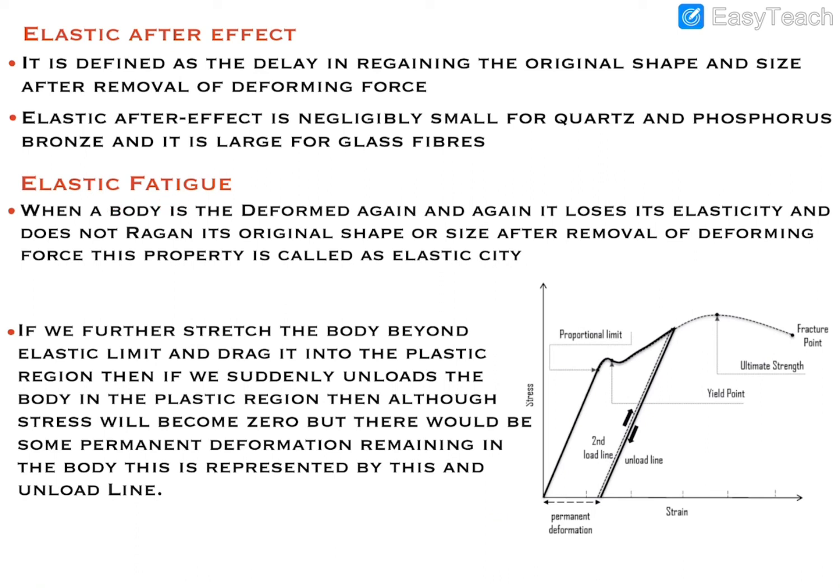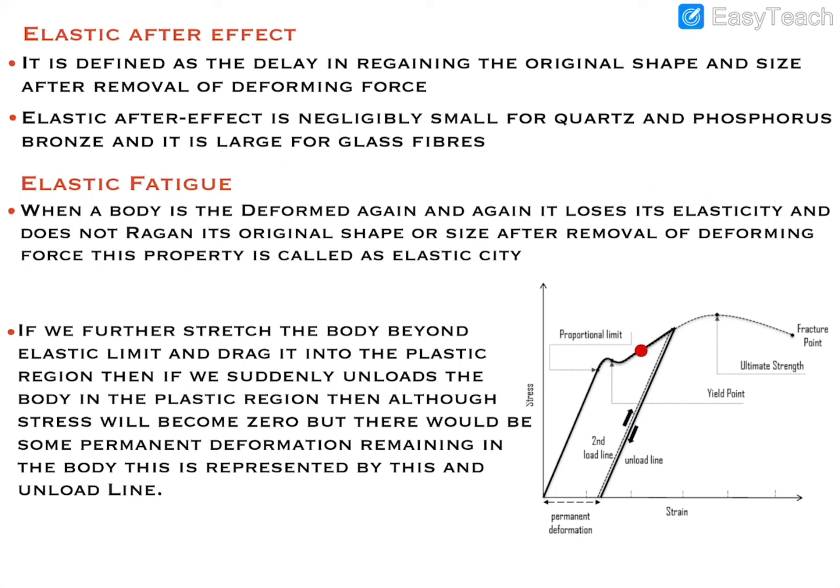Now we discuss another property of this graph, which is the unload line. So what is this unload line? If we have already dragged the material beyond the elastic limit, which is the stress at the yield point. You must remember that elastic limit is the stress at this point, which is called the yield point. So if we drag the material beyond the elastic limit and it is in the plastic region, and we suddenly remove the deforming force, or suddenly remove the load and unload that body, then there is some permanent deformation left in that body.